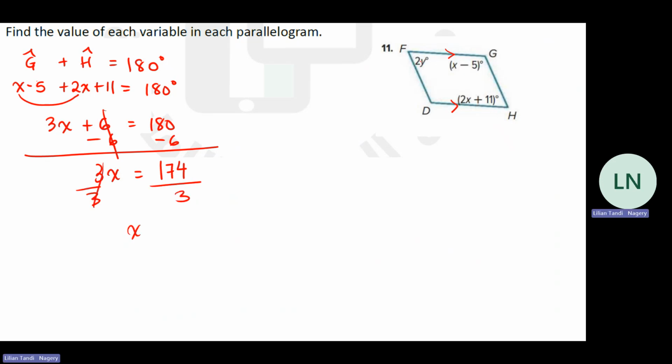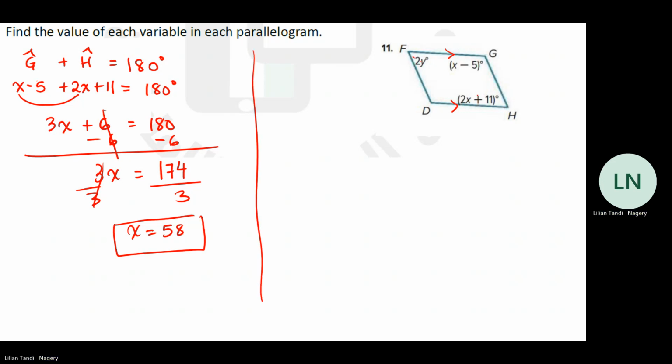X is 174 divided by 3, giving us 58. You box your answer.